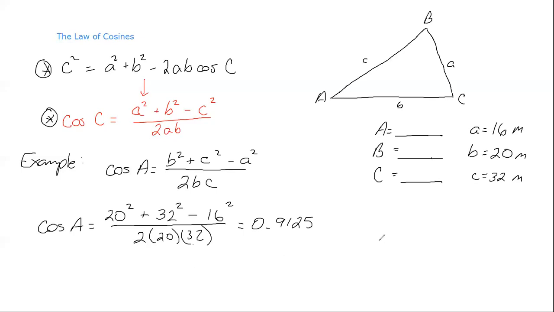So angle A, the way you get rid of this cosine is you just take the inverse cosine of this number right here. So angle A is inverse cosine of 0.9125. And if your calculator is in degrees, you should get approximately 24.15 degrees.